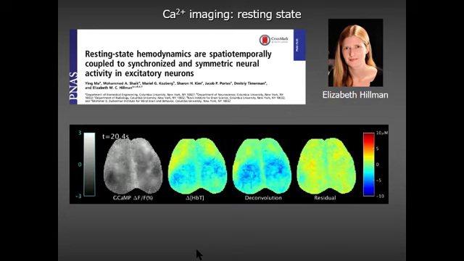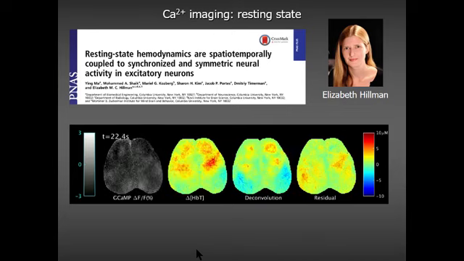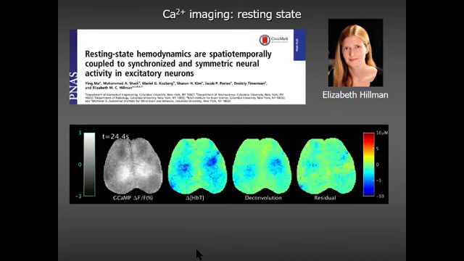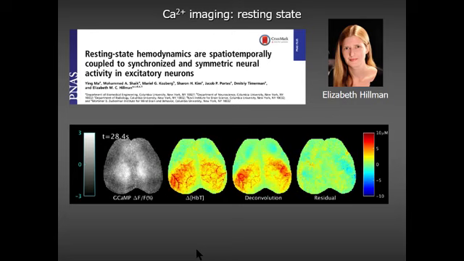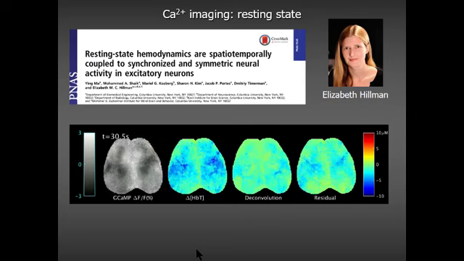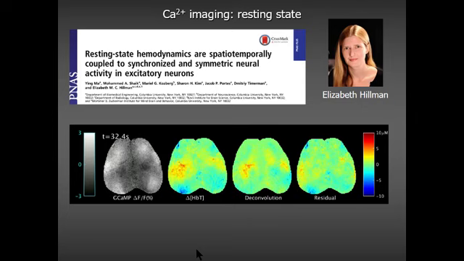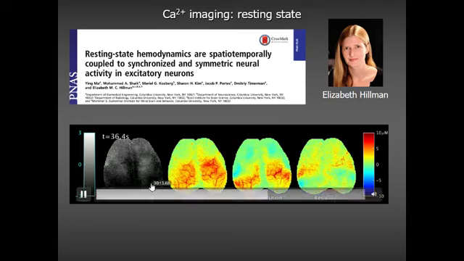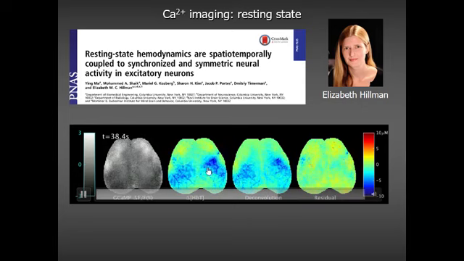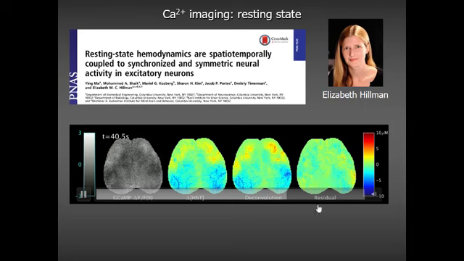Then they ask a question: can we find an impulse response function that looks like what we conventionally expect from functional MRI studies, use it for convolution, try to predict the signal, see how it compares to the actual one, and look at the residuals?